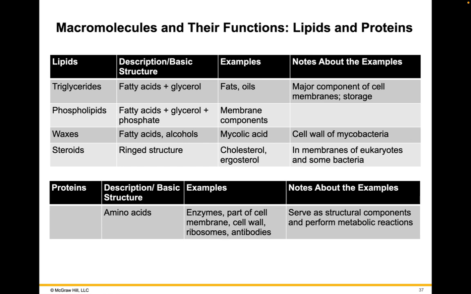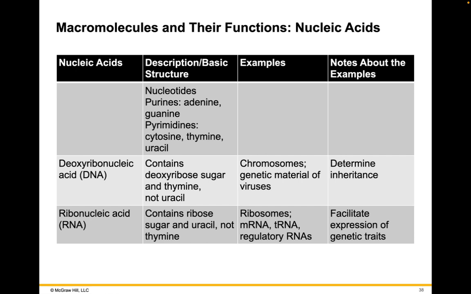And they do all kinds of things for us. So far we've talked about carbohydrates, the primary source of energy made of monosaccharides, lipids, a secondary source of energy made of fatty acids and glycerols, and proteins, which are made of amino acids and have many functions.